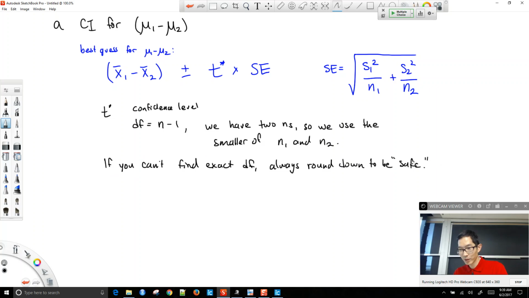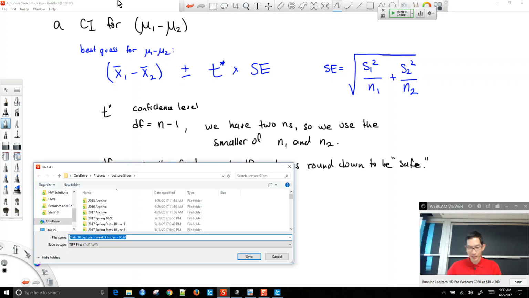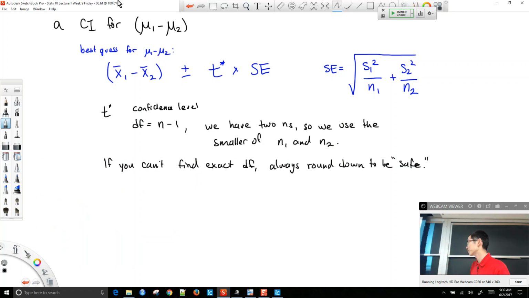What safe means in the context of statistical inference is that our interval ends up being a little bit wider than perhaps it needs to be. Wider intervals generally correspond to us being a little bit more confident about capturing the true value of mu in there.